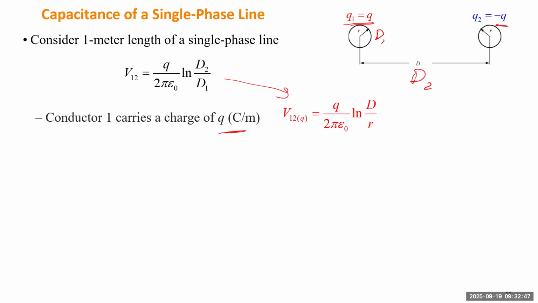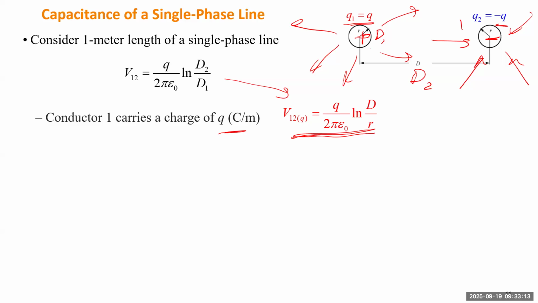Okay, so this is the voltage due to the first conductor. If your first conductor has this positive charge, the flux will leave the conductor, and the second one has to carry the negative charge, so the flux will come back. So this voltage is only calculated based on the first conductor.